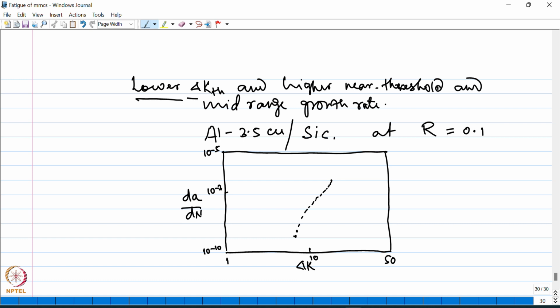Lower delta KTH as the particles are introduced in this matrix. So the composites were somewhere around this region. Composites with different volume fraction of silicon carbide lie to the left of the unreinforced alloy curve.